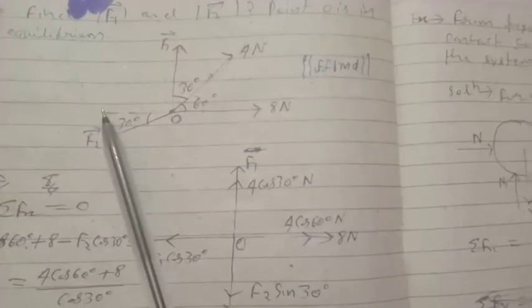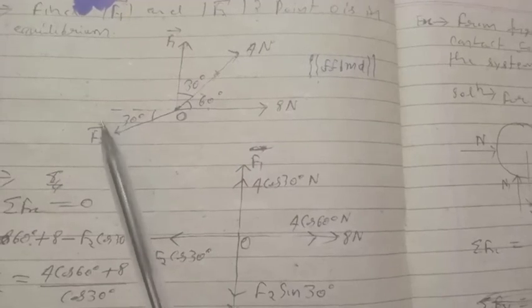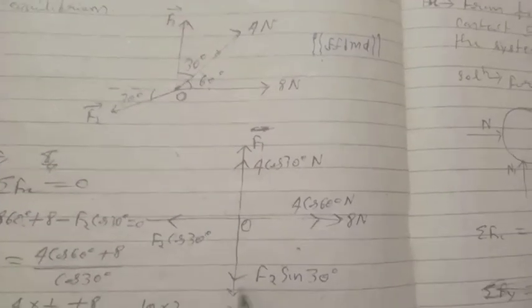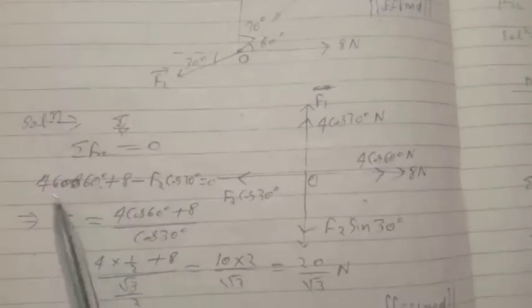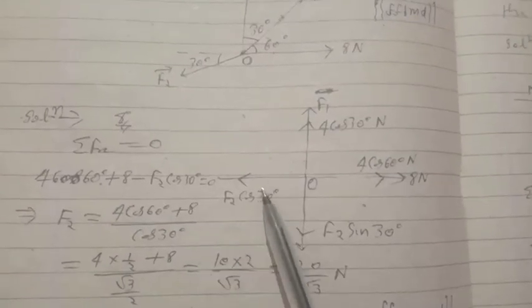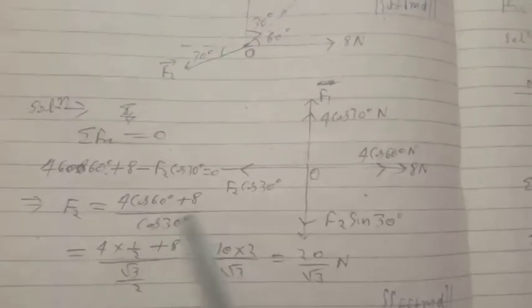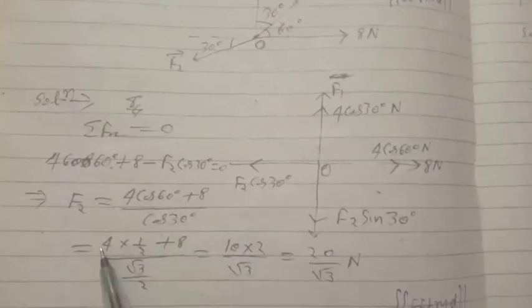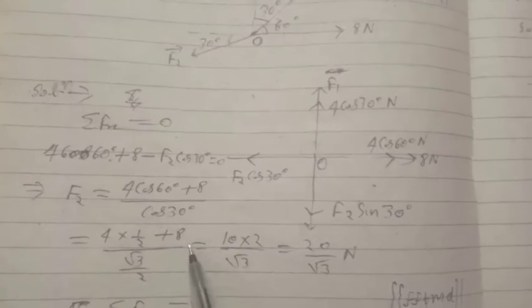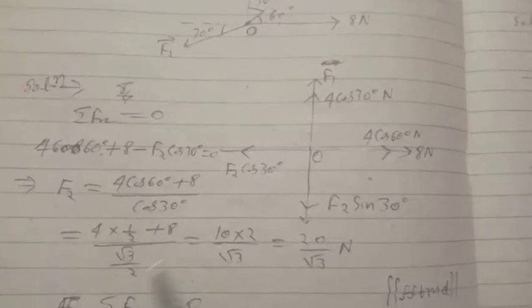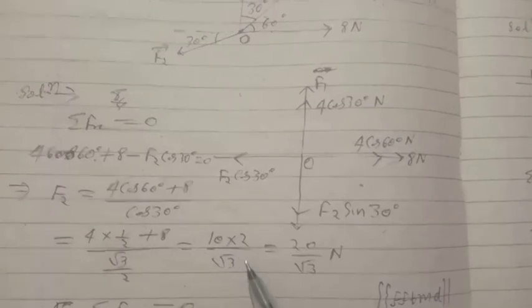Similarly, F2 cos 30 in this direction and F2 sin 30 in this direction. Now for sigma Fx equal to 0, so 4 cos 60 plus 8 minus F2 cos 30 equals 0. This gives F2 equal to 4 cos 60 plus 8 divided by cos 30, 4 into cos 60, 1 by 2, plus 8, and cos 30 equal to root 3 by 2, equals 10 into 2 by root 3, which is 20 by root 3 Newton.